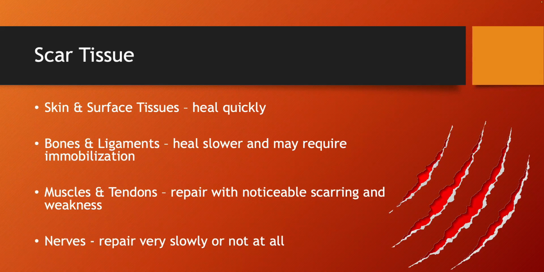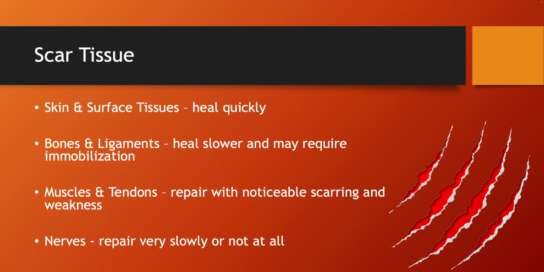So if you have a surface level scar or injury like skin and surface tissues, those tend to heal very quickly and usually don't leave a noticeable scar. Sometimes it does, depending on how deep that injury was. So skin heals quick.